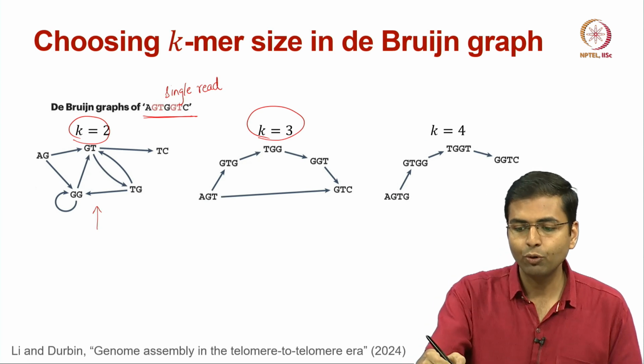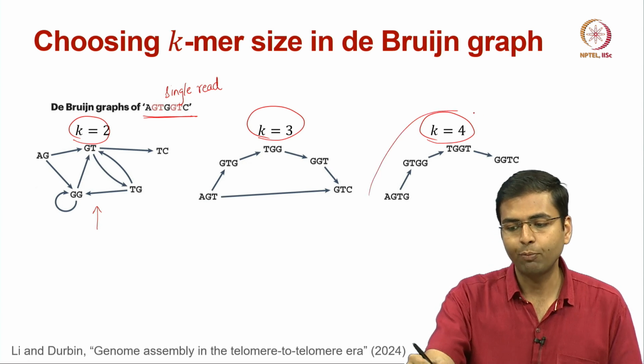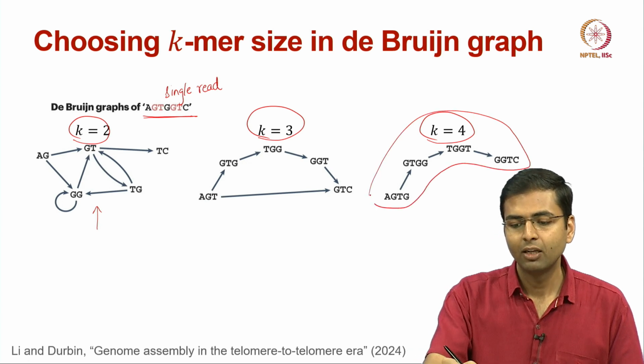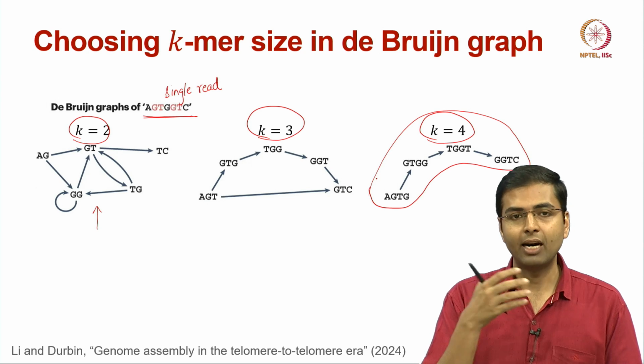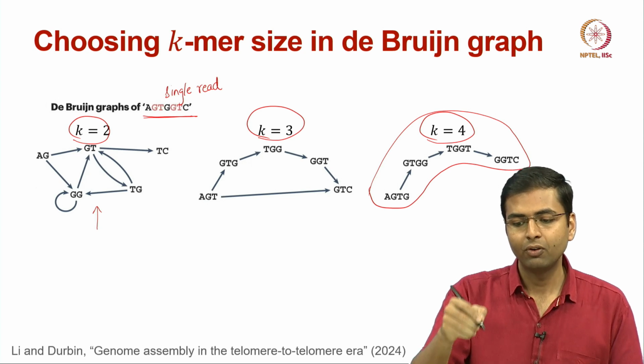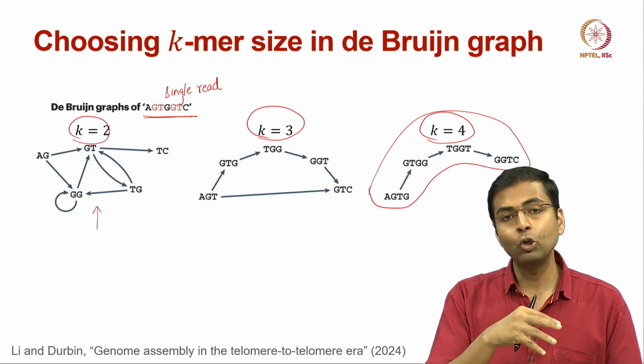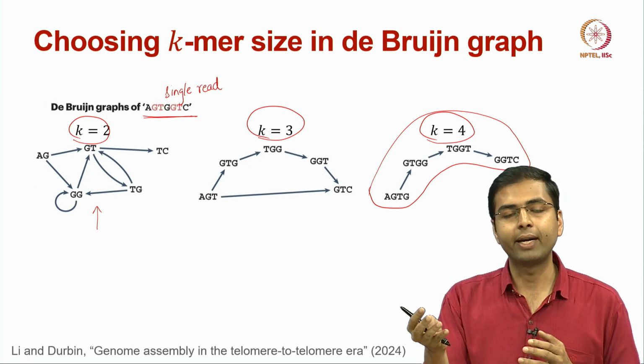If we use k equals 4, then this time observe that you have a much simpler graph topology in which you can spell the underlying sequence from left to right. That is, I can start spelling the sequence from the leftmost vertex and I can continue my walk to the rightmost vertex.